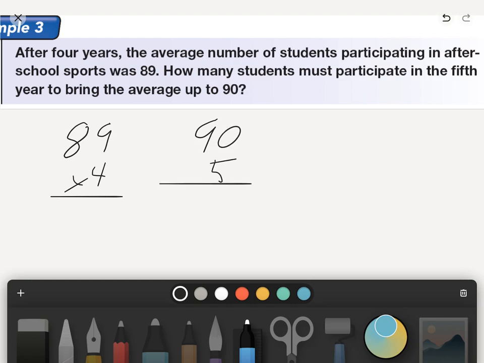And then you would subtract the answer of 89 times 4 from that. So then you would do 450 minus 356. Okay, well, it sounds like you've already been busy. So here, we're gonna do these out, and then you get 94 students.